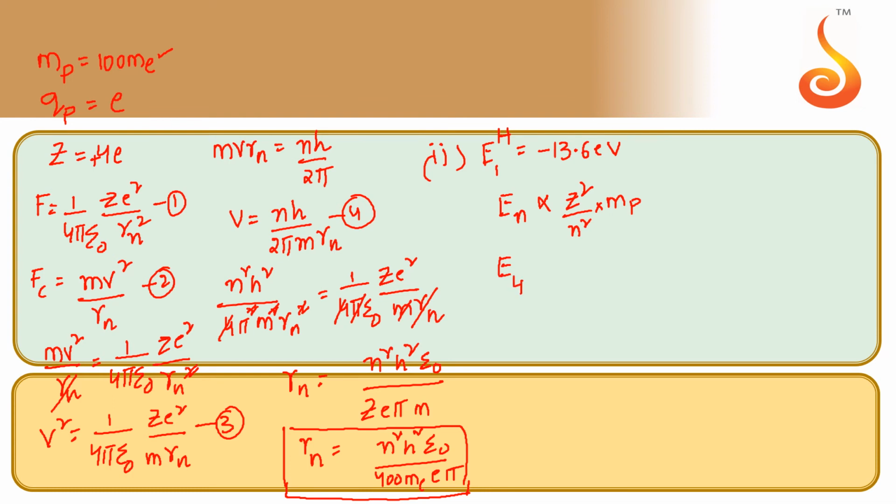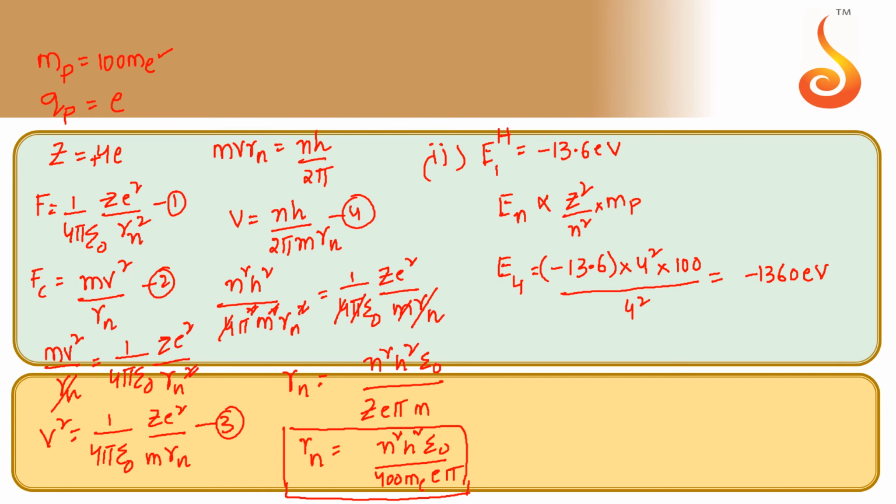Energy is equal to minus 13.6 into 4 square into the mass of the particle, 100, by n square, where n is 4. So by simplifying, what do we get? Minus 1360 electron volt.